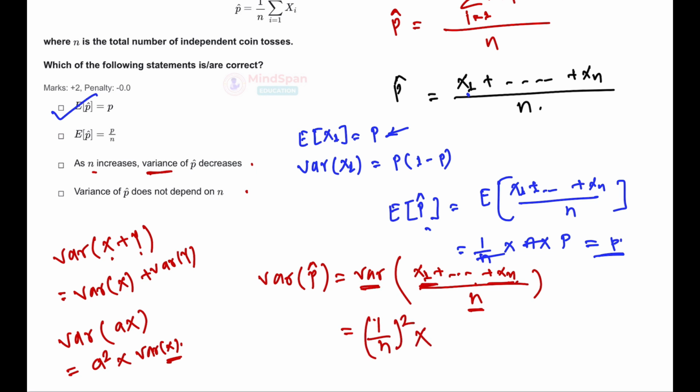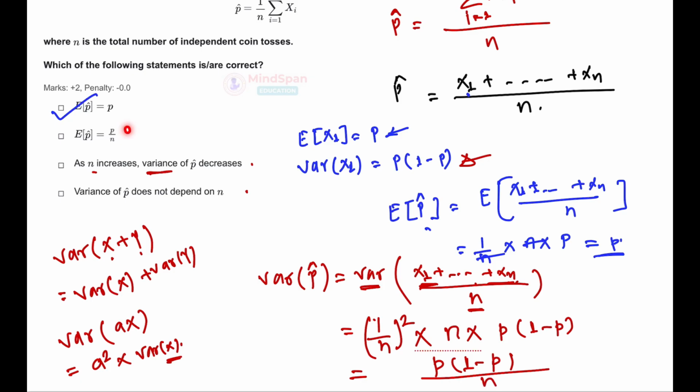How many terms do we have? We have n such terms, and the variance of each one is p times 1 minus p, right? So overall the variance will be p times 1 minus p divided by n, right?